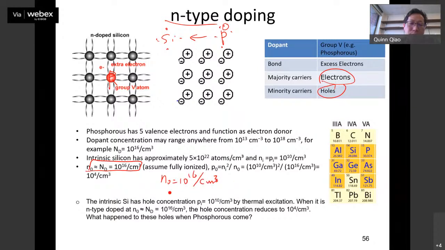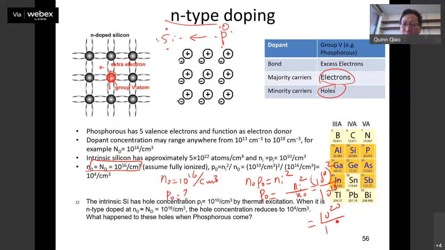And then what is Pn? Because Nn times Pn equals Ni squared, Pn equals Ni squared over Nn. Ni squared is 10 power 10 squared, which is 10 power 20, divided by Nn, 10 power 16. You get 10 power 4.